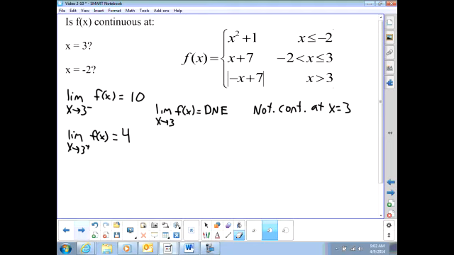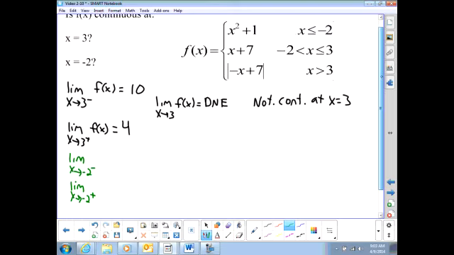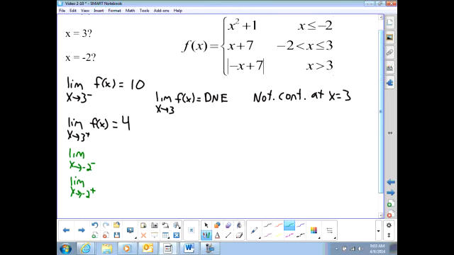Now we can do a similar process for negative 2. Let's first look at the limit as x approaches negative 2 from the left, and the limit as x approaches negative 2 from the right. When we approach it from the left, we'll use this function.